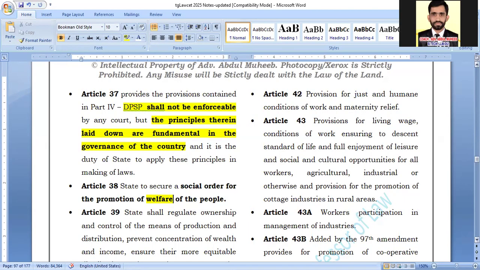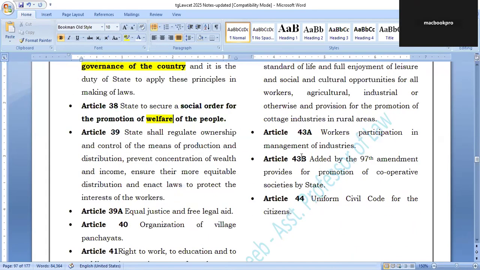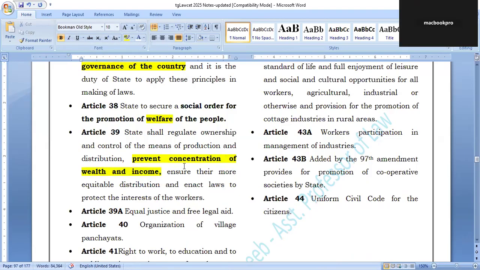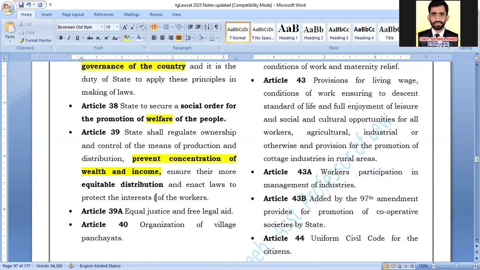What is Article 39? State shall regulate ownership and control of the means of production and distribution, prevent concentration of wealth and income, ensure more equitable distribution, and enact laws to protect the interest, meaning rights, of workers.